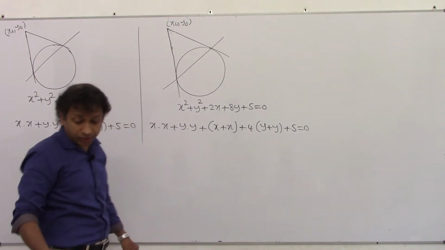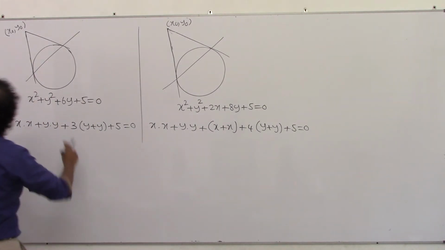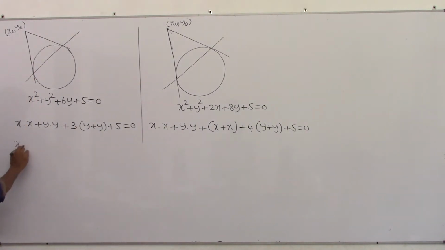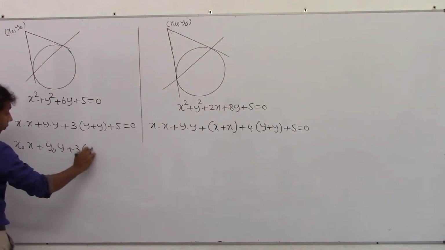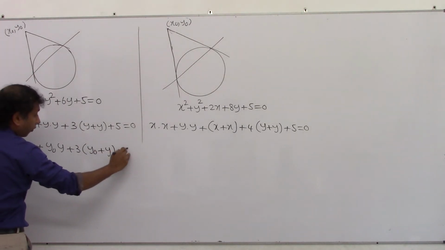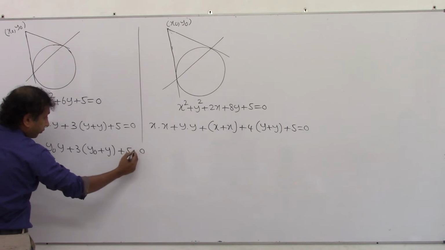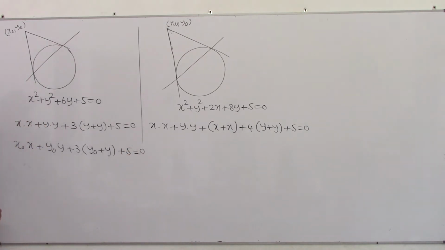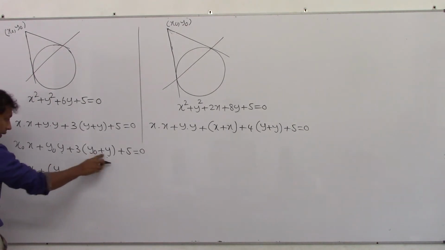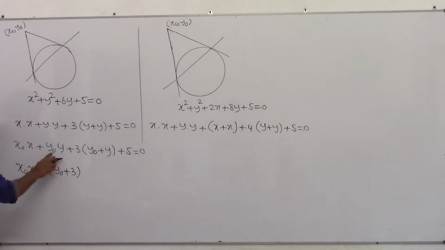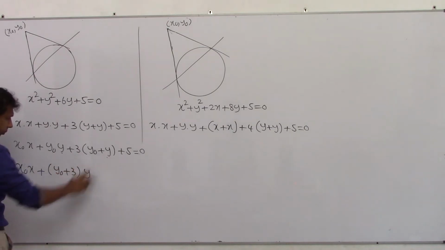In this way, we can now do the new diagram. For the first circle, I can write x naught x, y naught y, 3 times y naught plus y, plus 5 equals 0. Here we have y terms; take that y out: here y naught and here 3y.